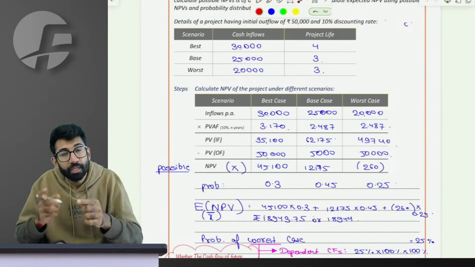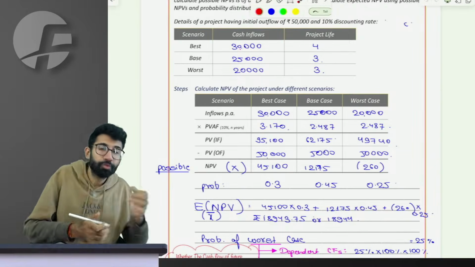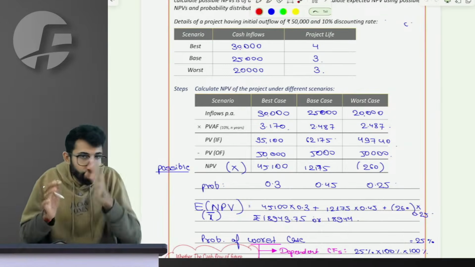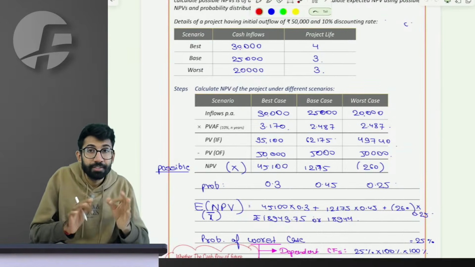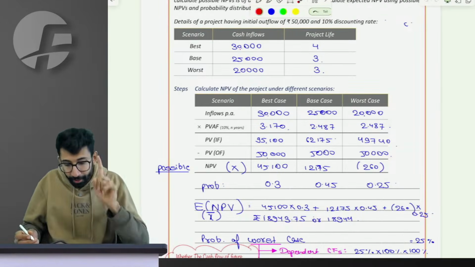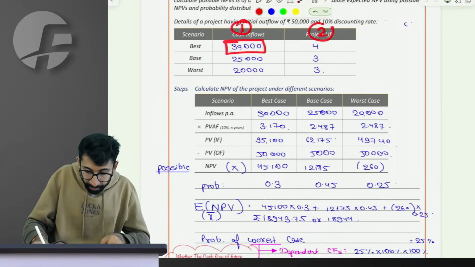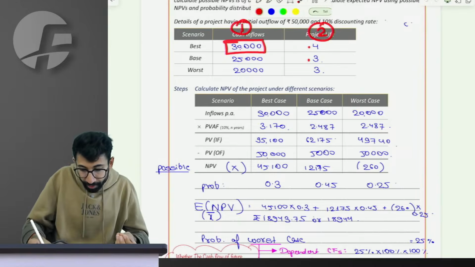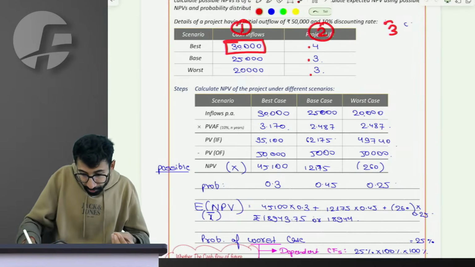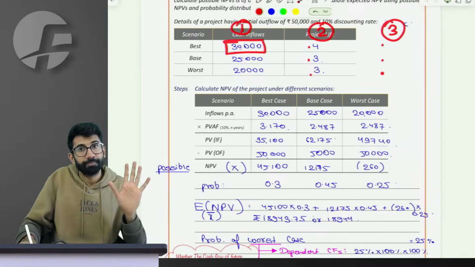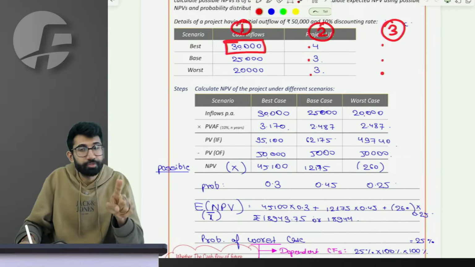It depends. What are you assuming the cash flows to be? If the cash flows of all 3 years are considered independent, then if you have 30 in the first year, in the second year there is a possibility you can have any of them. Then similarly, in the third year, you can have any of them. This is independent cash flow.